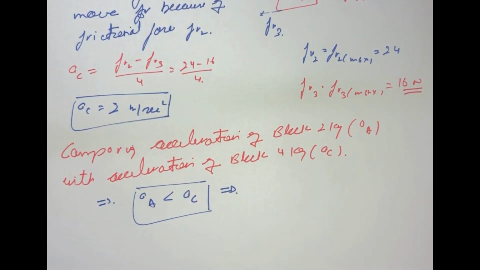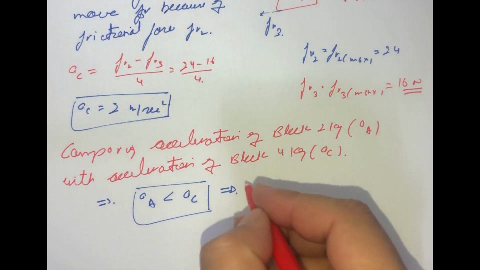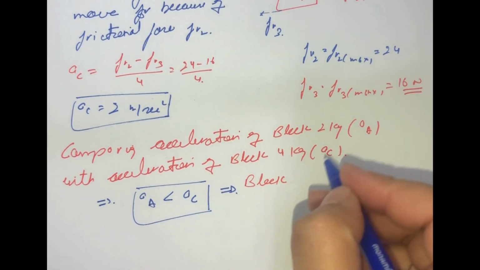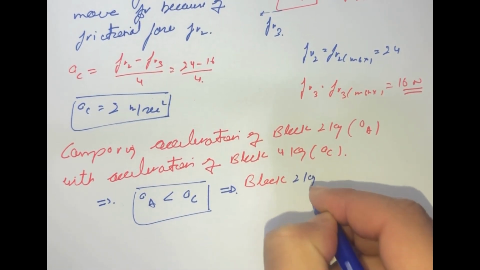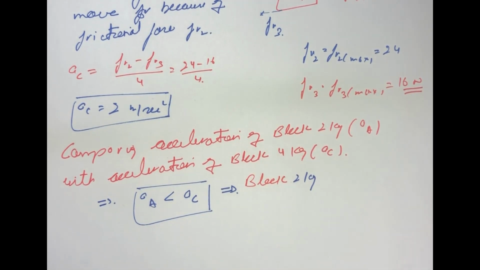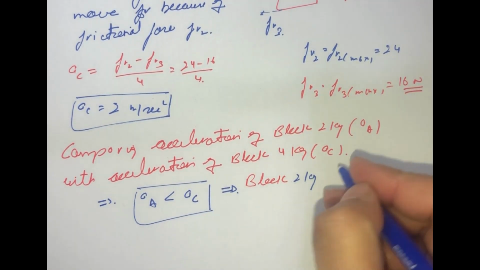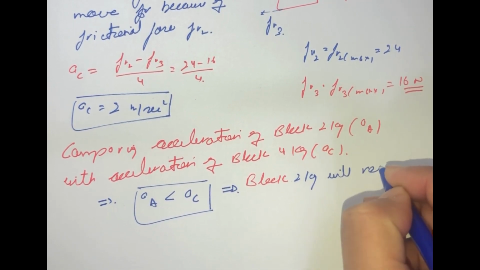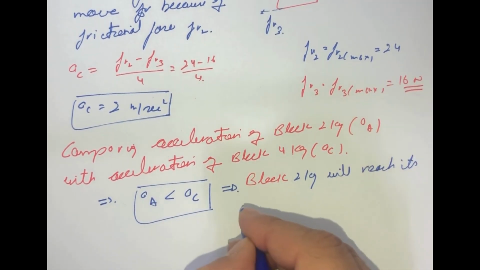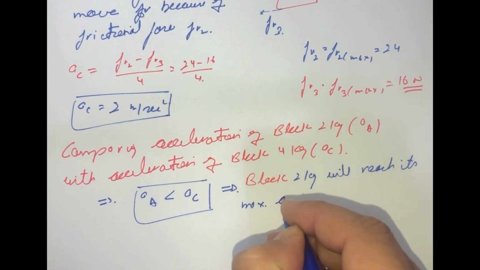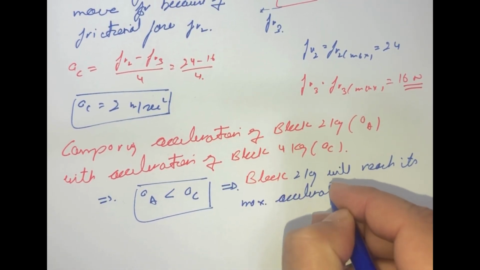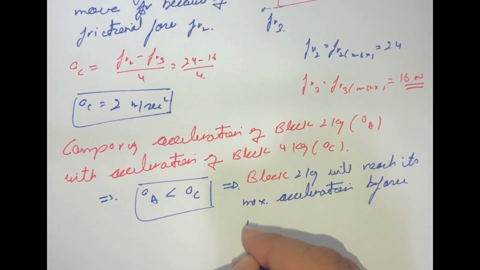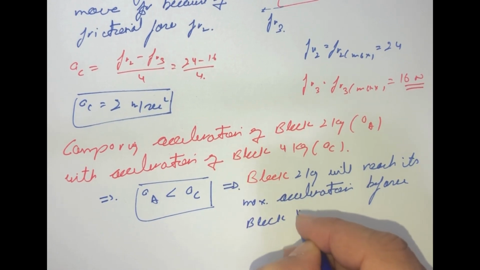So this basically means block 2 kg will reach its maximum acceleration before block 4 kg.